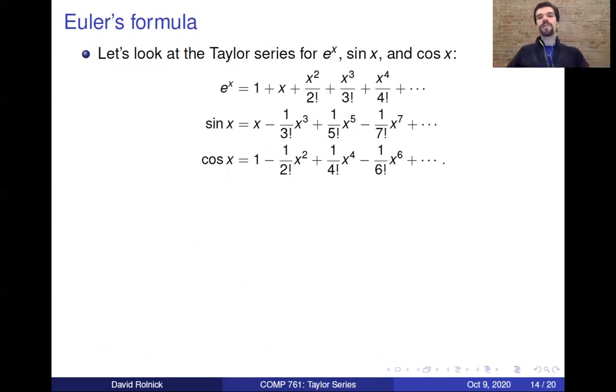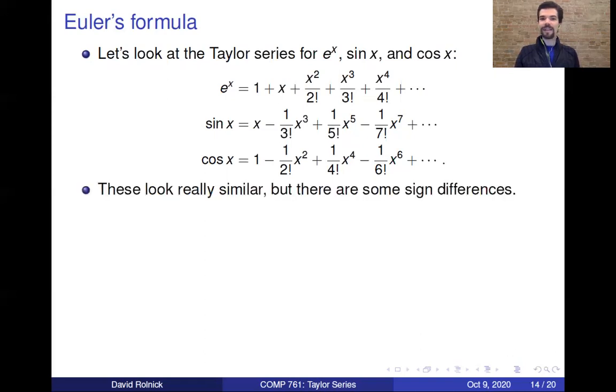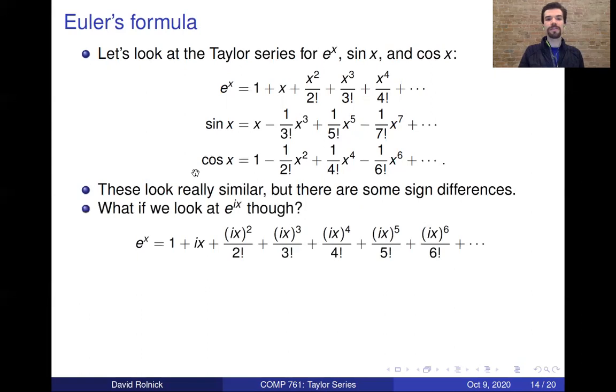So let's look at those Taylor series for e to the x, sine of x, and cosine of x. We had these 3 Taylor series. They look kind of similar, but there are some sign differences. So some people were suggesting thinking about i. So let's see what happens if you took e to the ix.